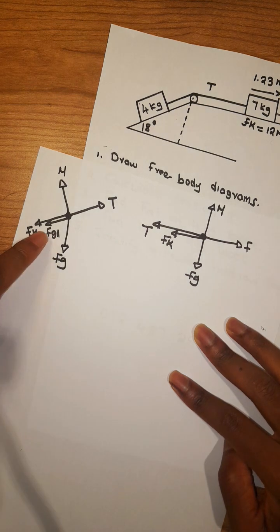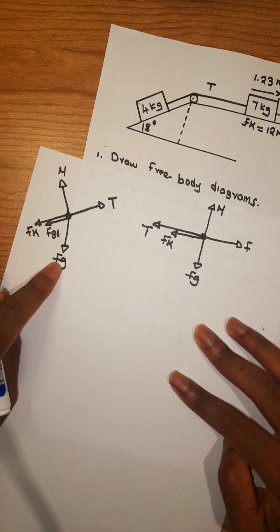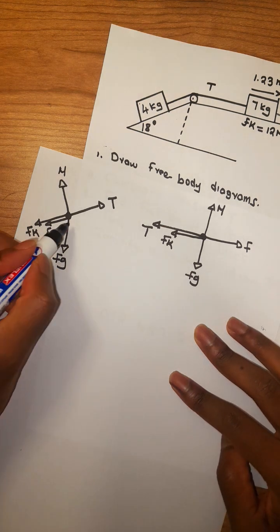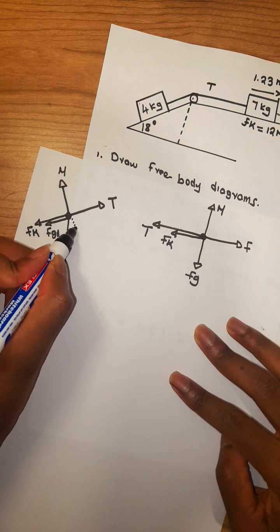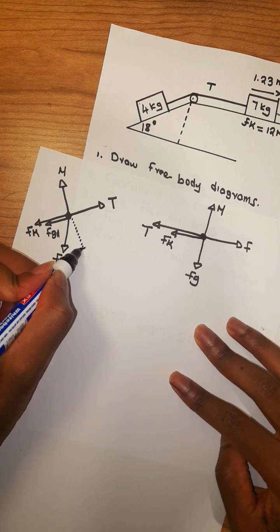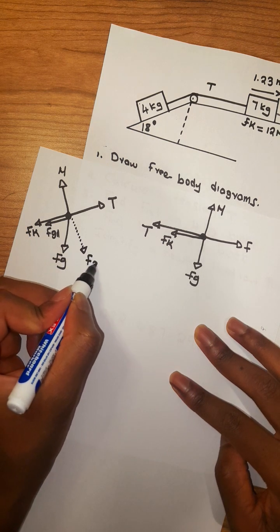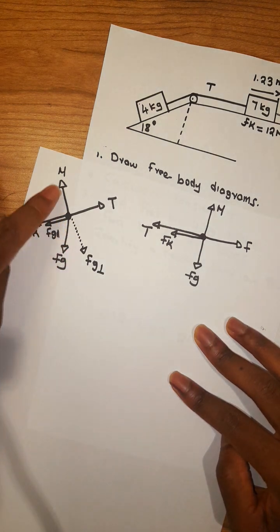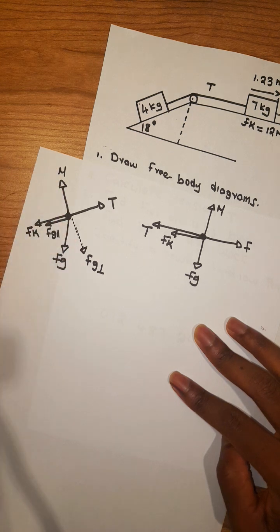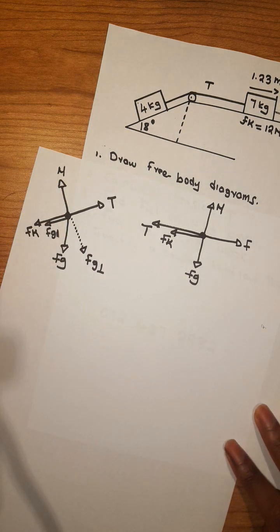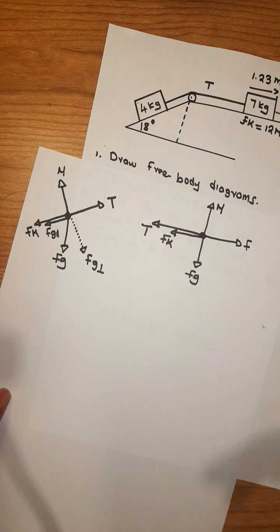There's a difference between Fg parallel and Fg. If you think of it, we do have something called the Fg perpendicular. It's acting something like this. It is called the Fg perpendicular, just on the opposite side of the normal force. So this is how you draw your free body diagram. These things have a lot of marks and there's nothing special about it.